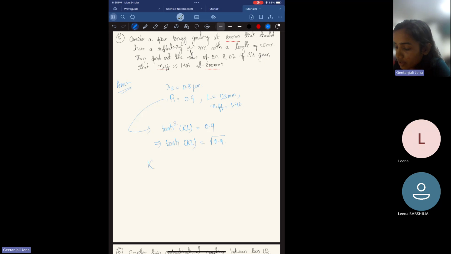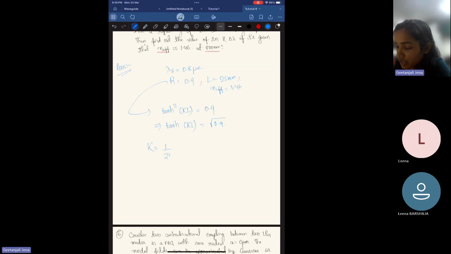To find out kappa, we've seen before in the previous question that we can write kappa as 1 by 2L ln of (1 plus tanh kappa L, which is the square root of 0.9) over (1 minus tanh kappa L, which is the square root of 0.9). And L is given, it is 25 mm.